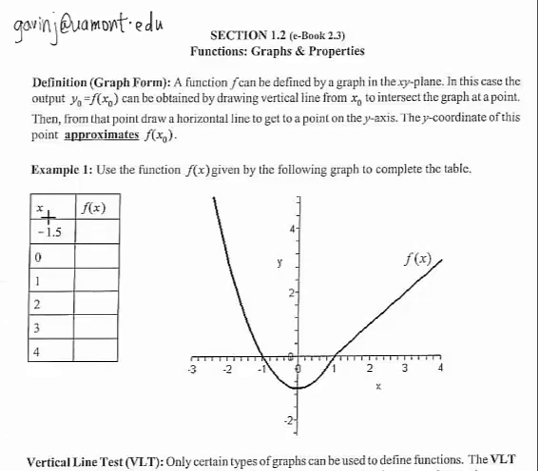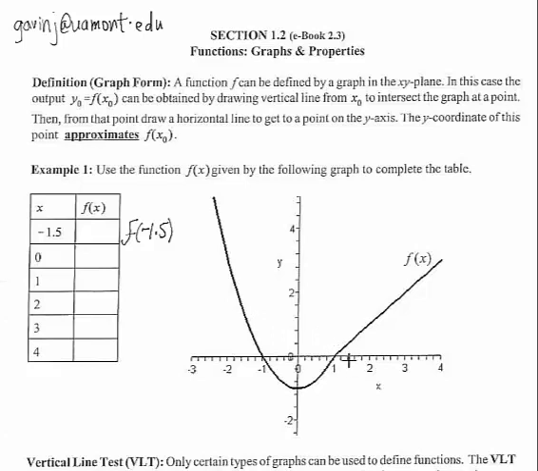Our input x, in this case f is a function, and so we could refer to the first column as some of the elements in the domain. Our first value of x is negative 1.5, and so what we want to do in this table is find f of negative 1.5, and the only means by which we do that is this graph here.